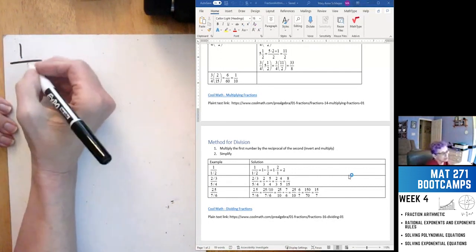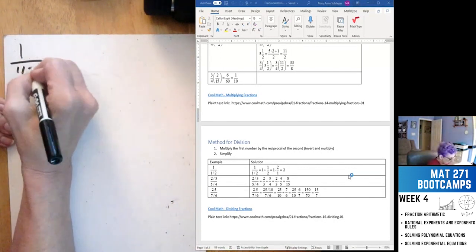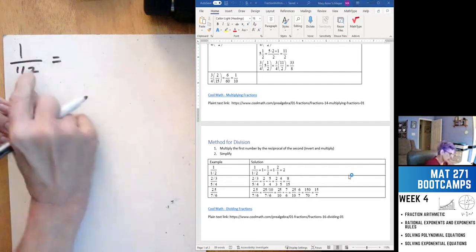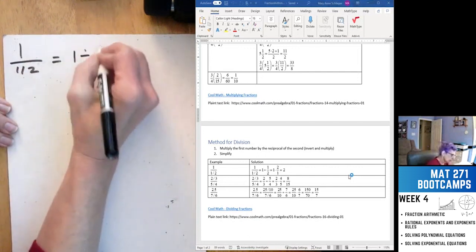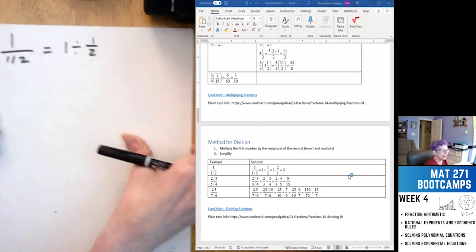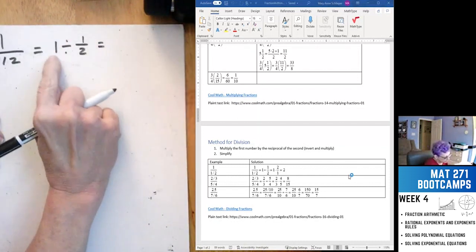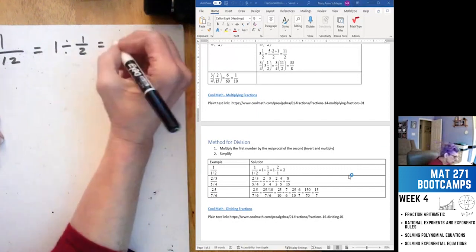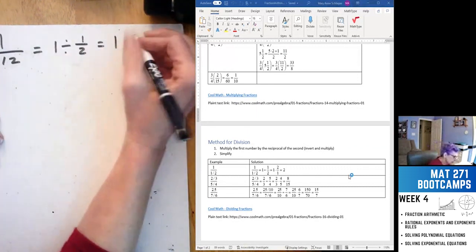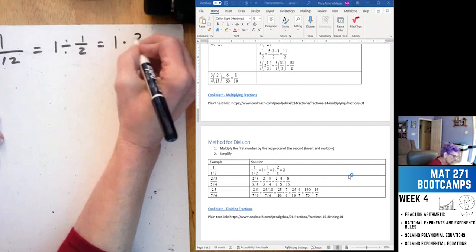So I'm using the big fraction bar here to represent divide. So this means 1 divided by a half. Again, if you want, you could write that as 1 over 1. But we flip it upside down and multiply.